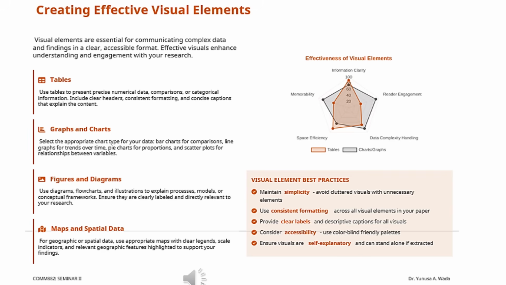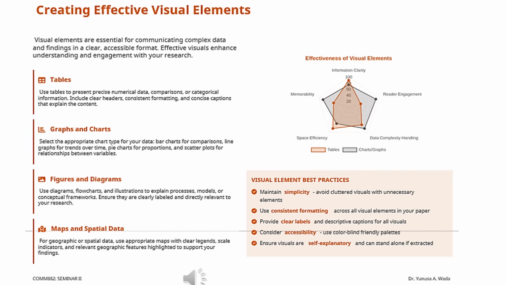As we all know, visual elements are essential for communicating complex data and findings in a clear, accessible format. And effective visual elements enhance understanding and engagement with your research. And let's take, for instance, tables, excellent for presenting precise numerical data for comparison or categorical information.